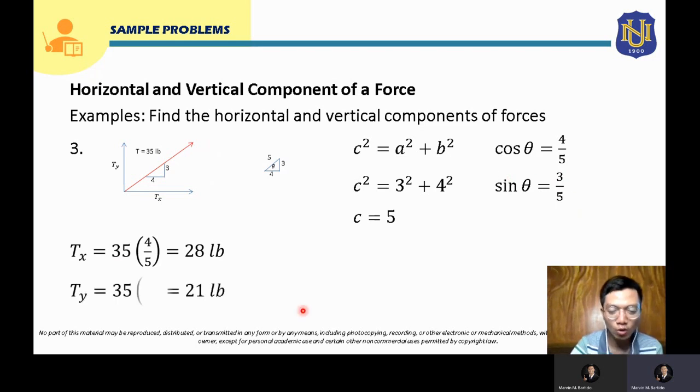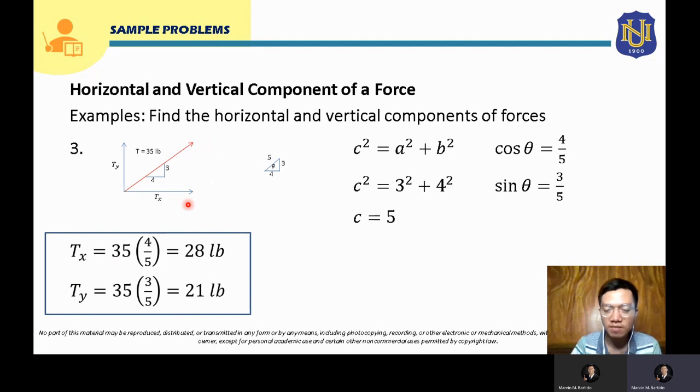Solving for Ty, the vertical component of T, Ty is equal to T sine theta, wherein T is 35 and sine theta is 3 over 5. Inputting that in your calculator, 35 times 3 over 5 will be 21 pounds. So these are the horizontal and vertical components of force T.